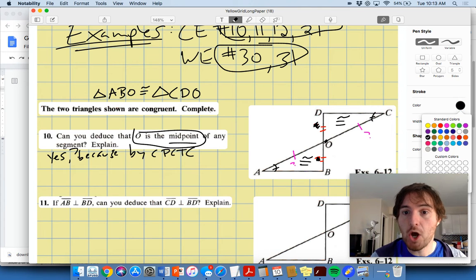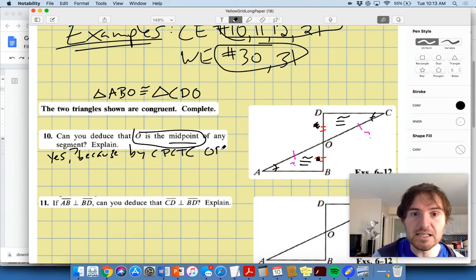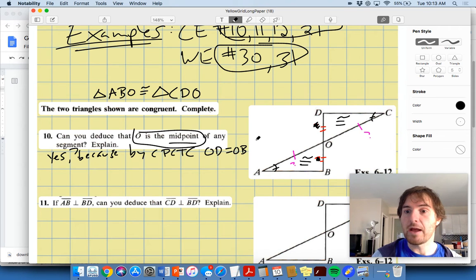So for instance, O, because look at this here, these two are congruent. Because by CPCTC, OD equals OB. They do because they're corresponding parts of congruent triangles, right? By corresponding parts of congruent triangles, we can establish that that length is the same as that length. Because these are congruent triangles, those sides are the same, okay?